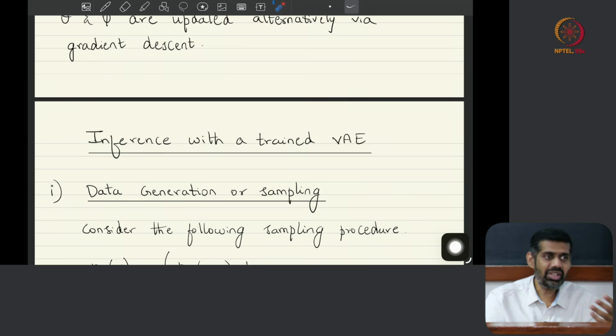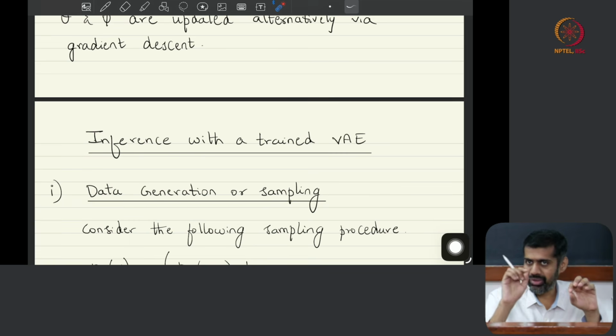So, this encoder decoder training in a VAE is similar to the expectation and maximization steps in EM, because it is a latent variable model that we are doing. In fact, k-means, that is exactly what we do, right. In k-means, we assign data points to different clusters. So, that is your maximization step, and then you recompute the cluster centers, that is your expectation step, and you keep alternating between these two, right.